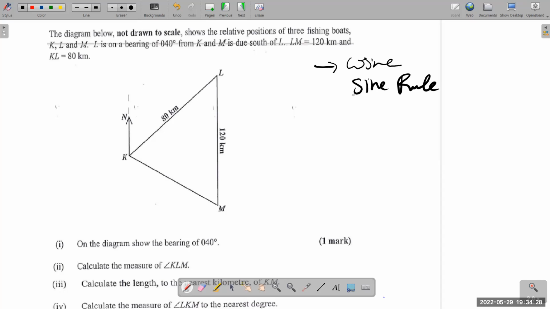To be honest, bearings is an application of these two rules, just like how angles of elevation is a real life application of Pythagoras and trigs. So don't get confused. Make up your mind. In bearings, it is either the sine rule or the cosine rule you're using, because that's the true reason of the topic, to test your understanding of the sine rule and cosine rule using a real life situation.